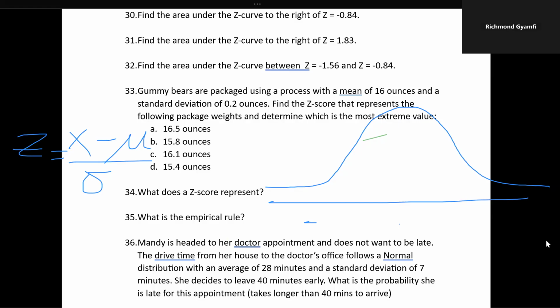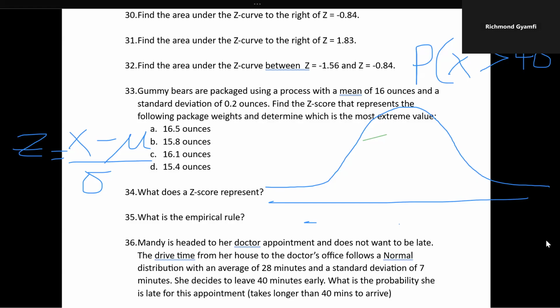Even before we change to a z distribution, we know that we are trying to find the probability that x will be greater than 40. Because she's going to be late if the time she took to arrive was more than 40 minutes. So that's what we want to find.